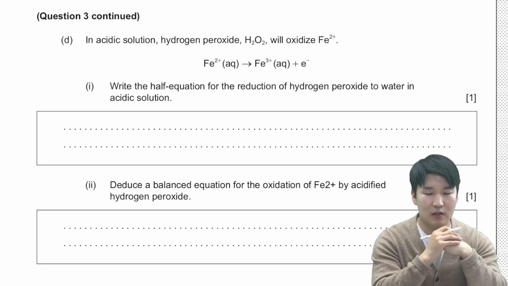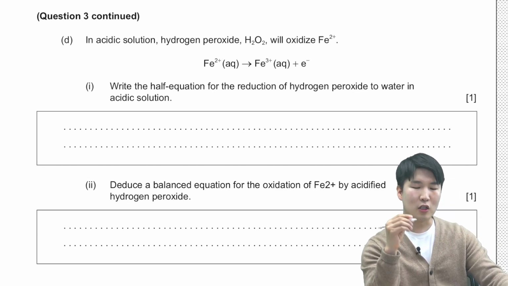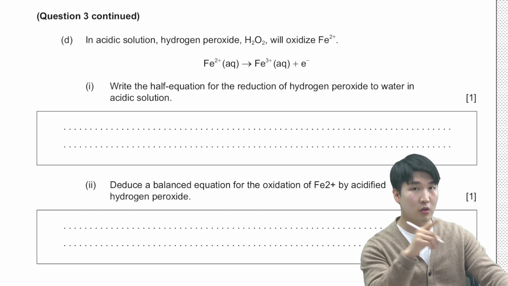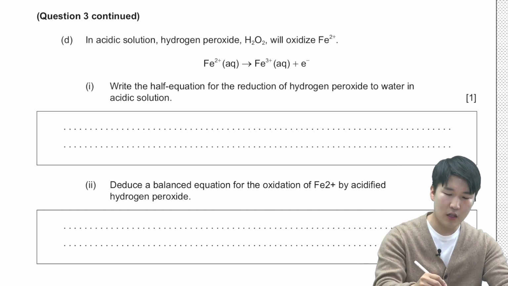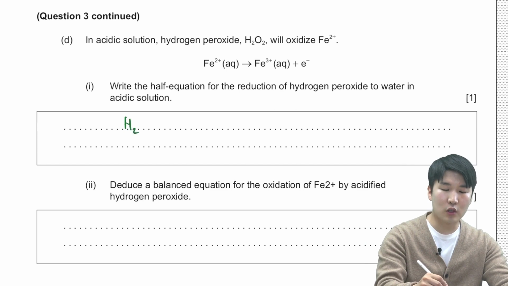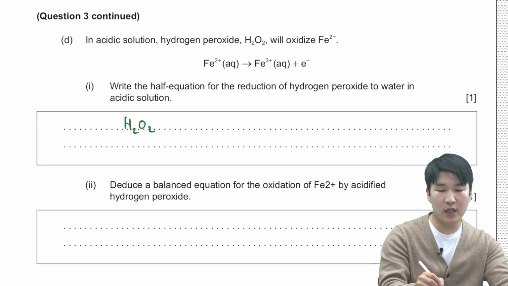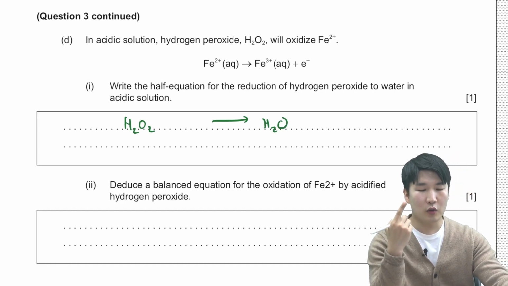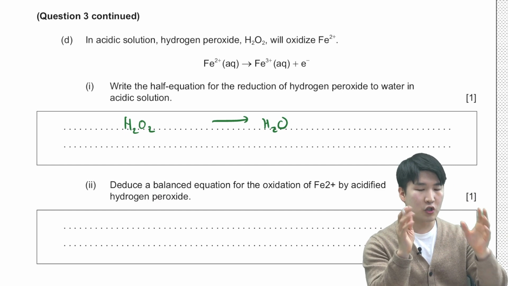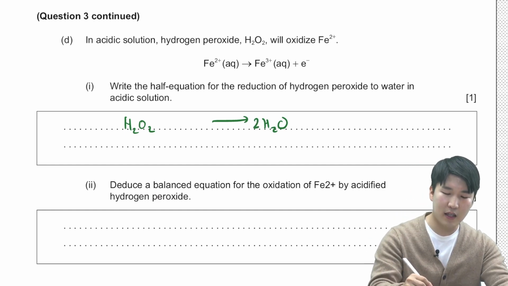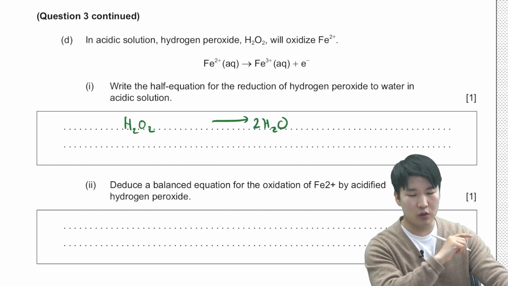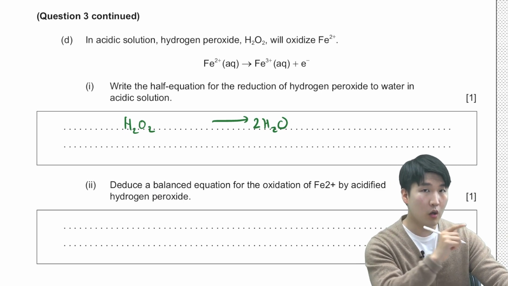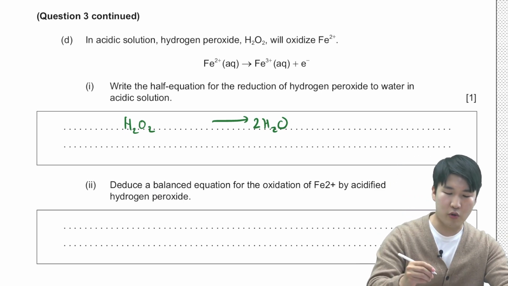In this case, we are going to look at an unusual case of hydrogen peroxide to water, which would look like H2O2 turning into H2O. And from here, we're going to start by matching the number of oxygens by saying that 2 water will be produced from reduction of 1 molecule of hydrogen peroxide.